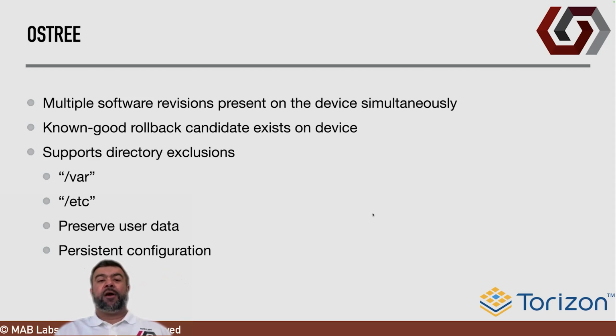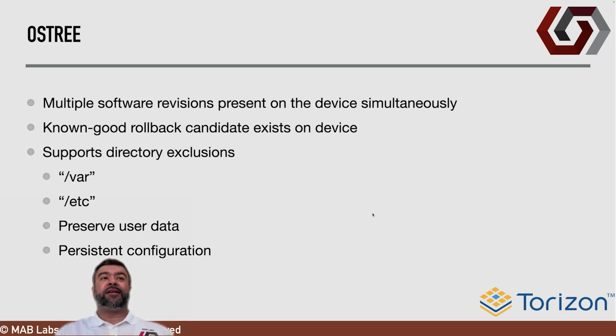OSTree also supports directory exclusions. What that means is, like I said, OSTree follows a Git-like model where your entire file system is essentially a tree structure, with history like you would have in Git. And so you really can't make direct changes to the file system itself, as you would on a normal Linux-based system.